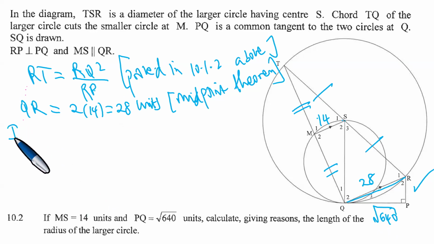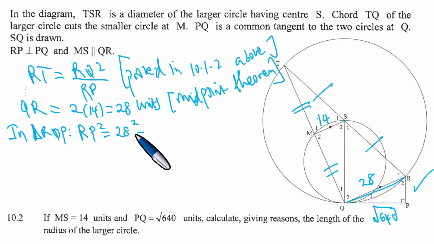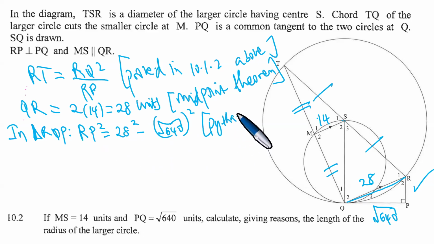In triangle RQP, we have RP squared, which is 28 squared minus the square root of 640 squared. This is Pythagoras theorem.